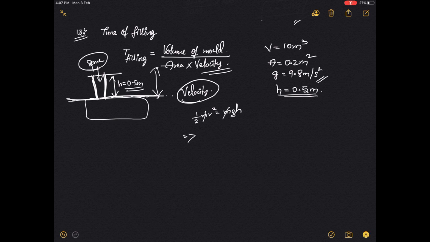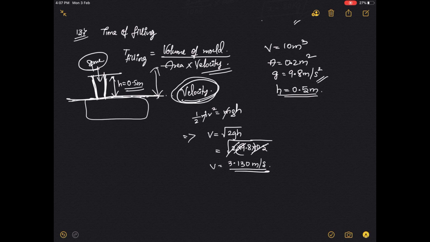So this mass gets cancelled, and the velocity we get is root 2gh, which is root of 2 into 9.8 into 0.5, which is again 1 by 2. So this gets cancelled. So what we are left with is root of 9.8, which is again 3.130 meter per second. Okay, so this is how they clubbed the basic physics concept of velocity and energies into our time of filling concept.